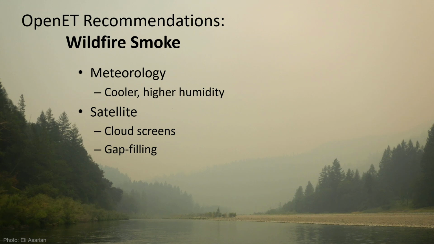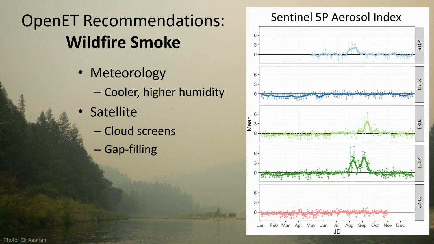So I'd really like to see some focused research on the effects of wildfire smoke on ET and on the OpenET estimates. There's a great satellite, the Sentinel-5P, that has an aerosol index that's been available since June of 2018. That's a good way of assessing the level of smoke.